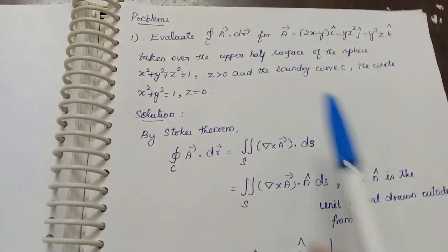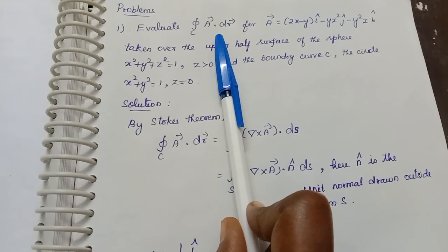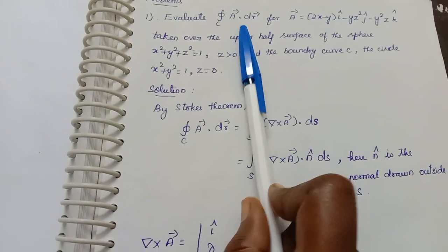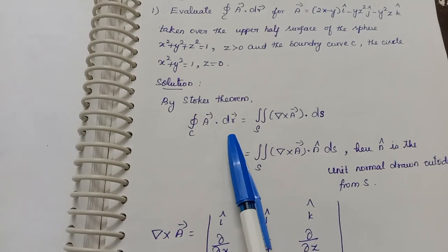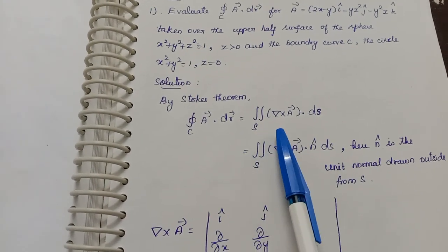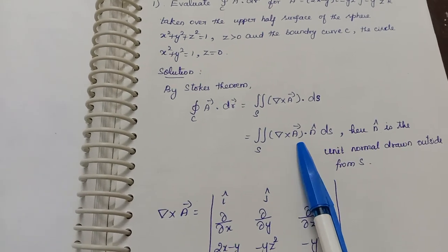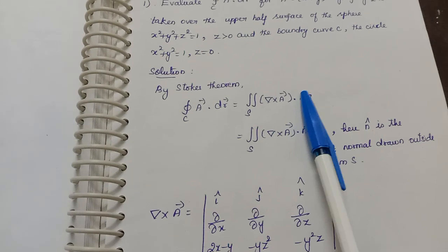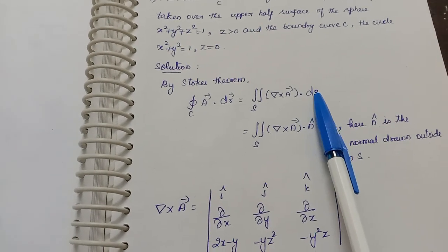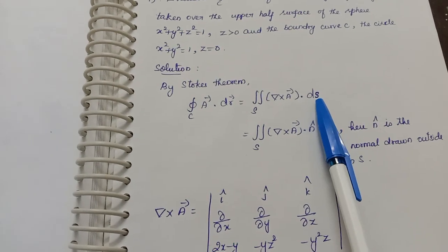Only the positive part of z we have taken. So we have to evaluate the integral over C of A dot dr. For evaluating this, we are going to use Stokes theorem. So what is the statement? By Stokes theorem, the integral over C of A dot dr is equal to the double integral over S of del cross A dot dS. So first let's find what is del cross A. This dS is the surface integral, and this S is written as a bold letter here.